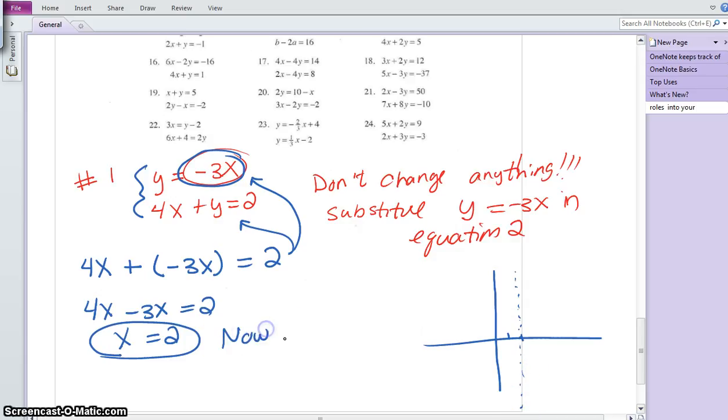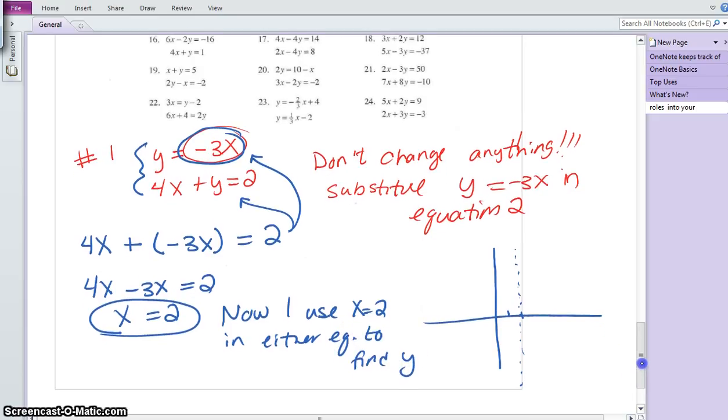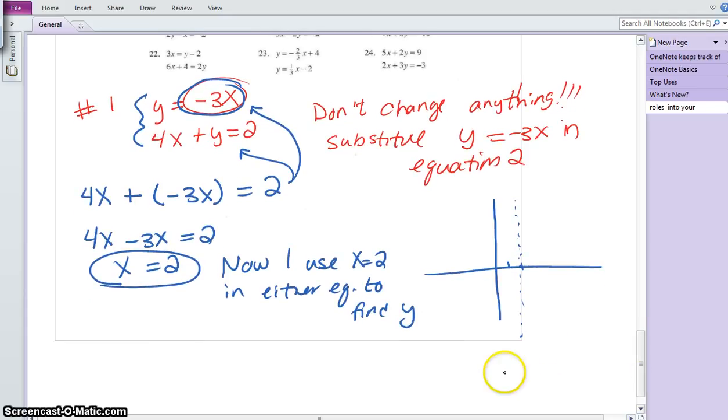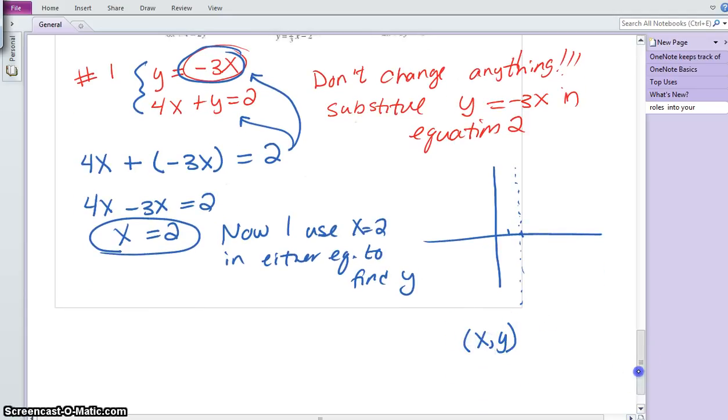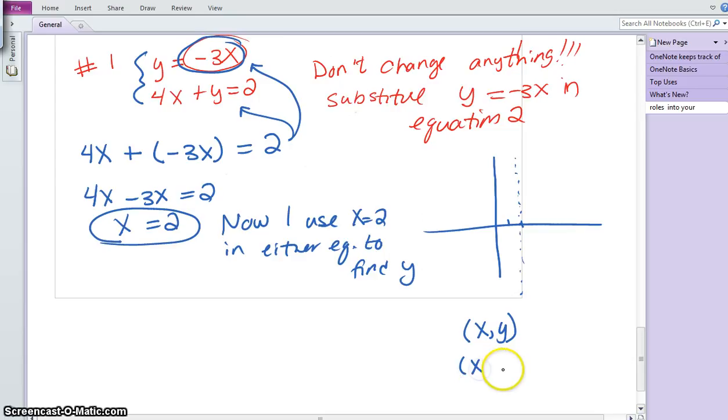Now I use x equals 2 in either equation to find y. Remember that the solution to a system of equations is an xy coordinate. Right now we have our x, we need our y.